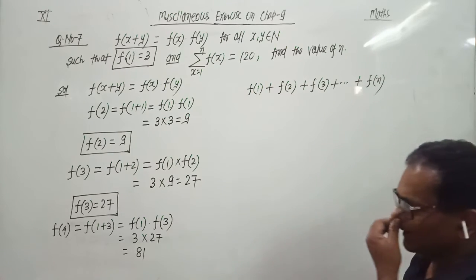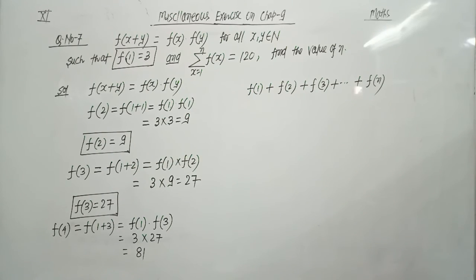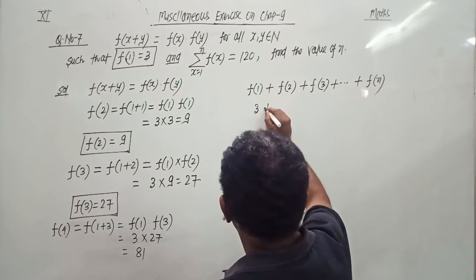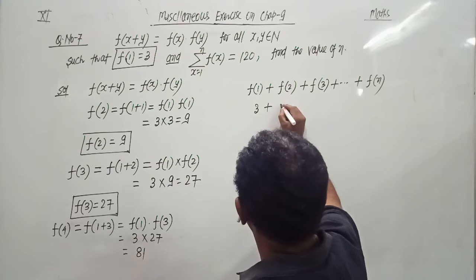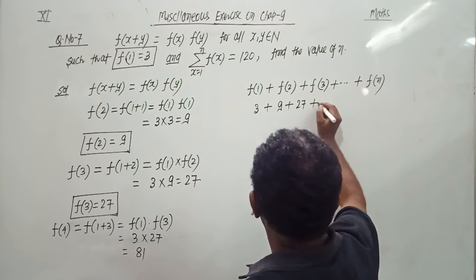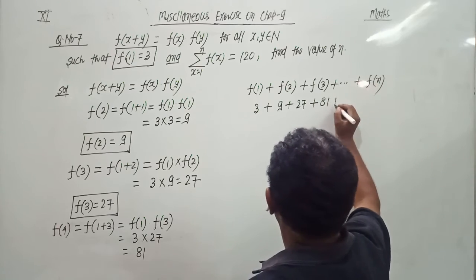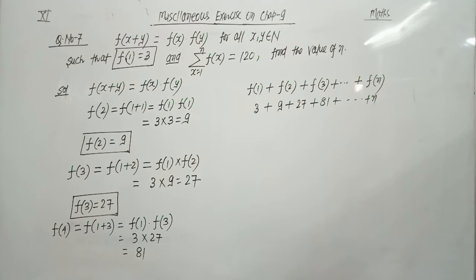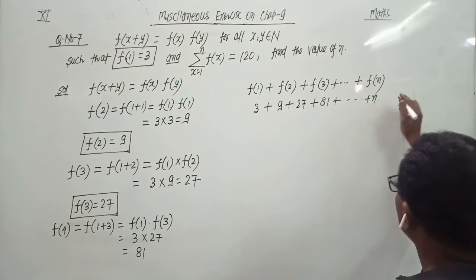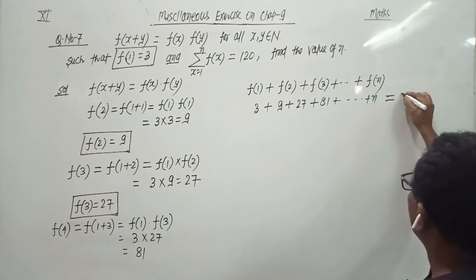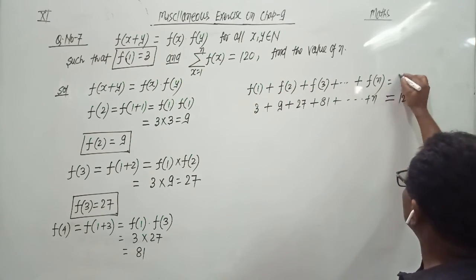Put the value of f1 as 3, f2 as 9, f3 as 27, f4 as 81, plus up to n terms. And their sum is already given, their sum is 120.